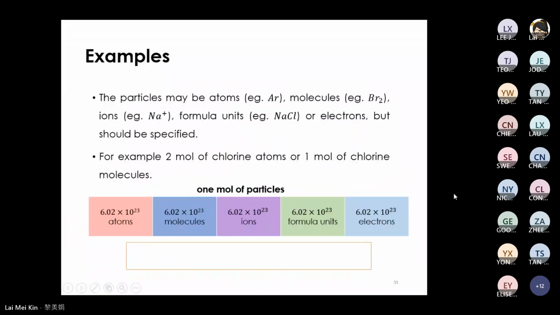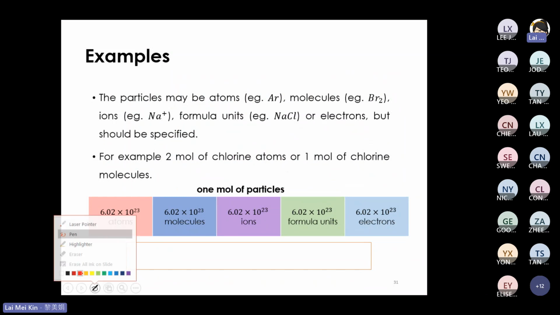Next, let's continue from where we left off yesterday. We did some examples on number of mole and then the particles, whether they are atoms, ions, molecules, formula unit. And if let's say they are molecule, in 1 mole, how many atoms are there?